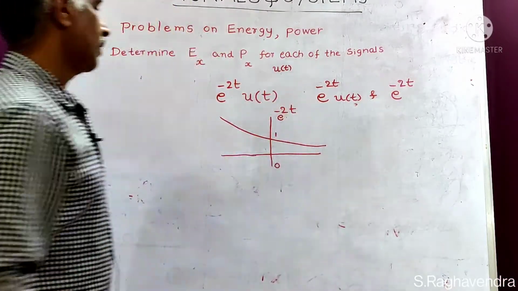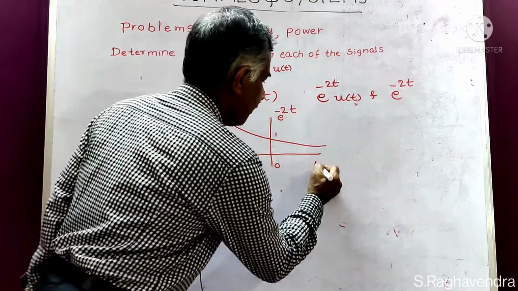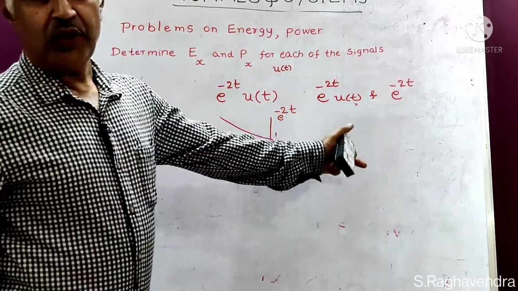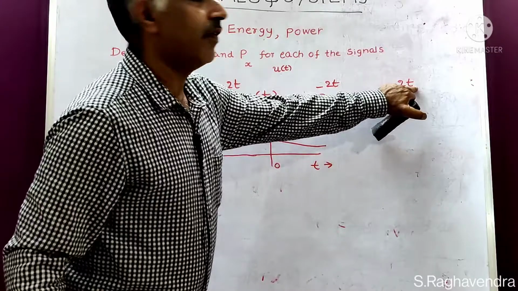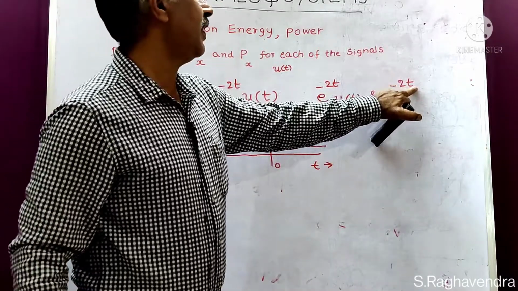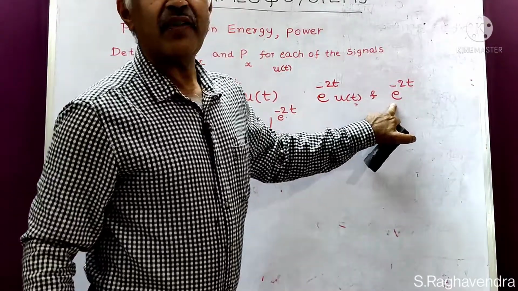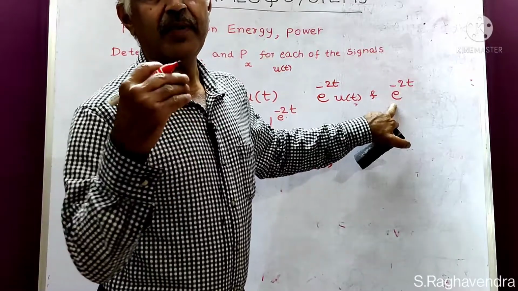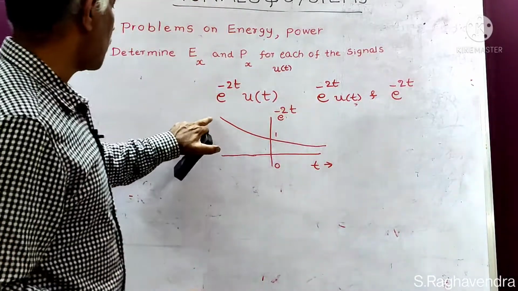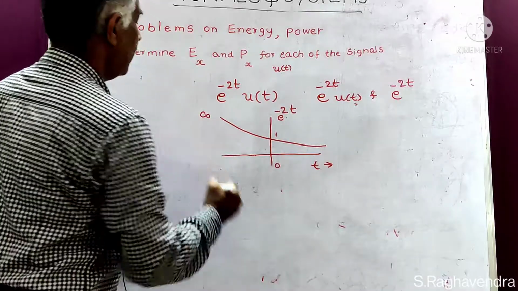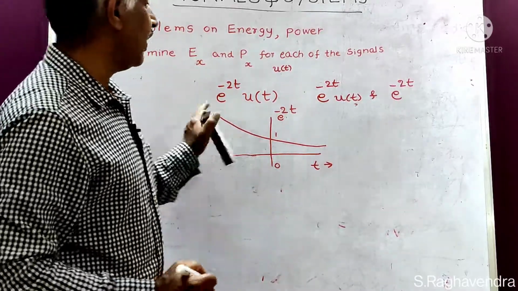If you give t equal to minus infinity, it becomes e power infinity, and e power infinity means infinity. Therefore, it has to come from infinity.